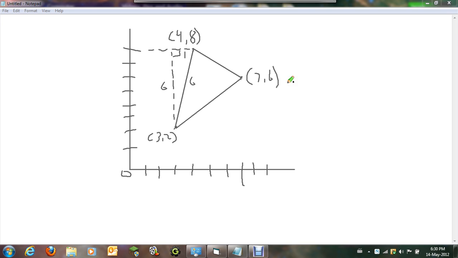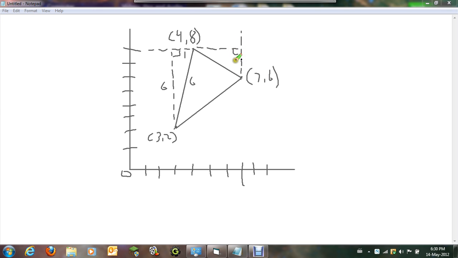Okay. So now we go on here and we do the same thing. We make our imaginary line, and it intersects right there to make a right angle.